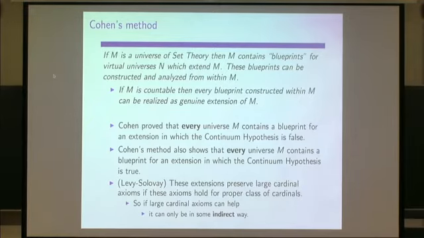That's one reason why I was stating things that way. So if large cardinal axioms can help here, it can only help in some very indirect way. One might have hoped that by bringing in infinity principles, one might actually resolve CH. But this result says that something strange and unexpected has to happen.